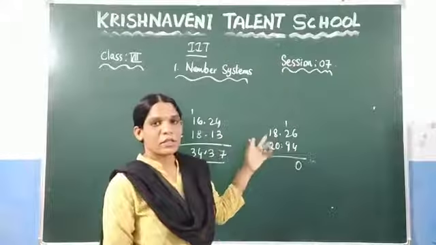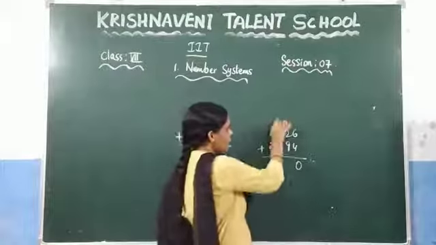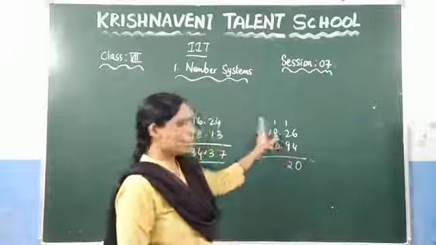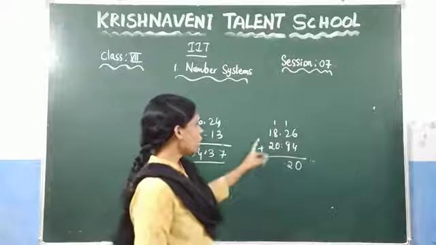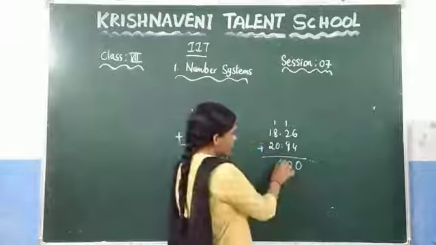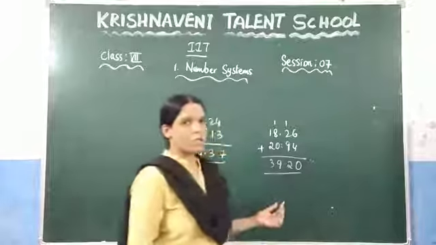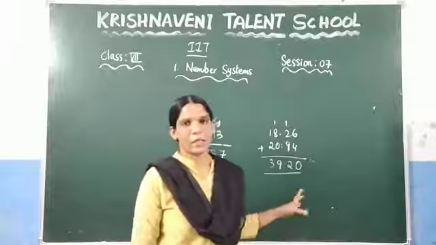So here that 1 you have to write here and 2 you need to keep here. Here 2, here you need to take 1. So here what you get: 8 plus 1 is 9 and 2 plus 1 is 3. So you are getting the answer 39.20.